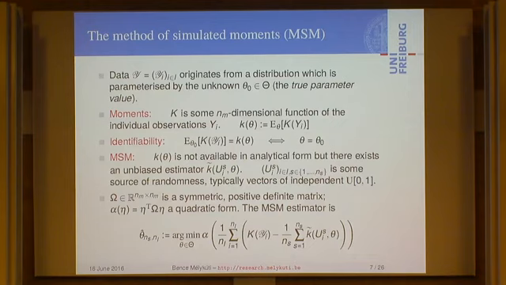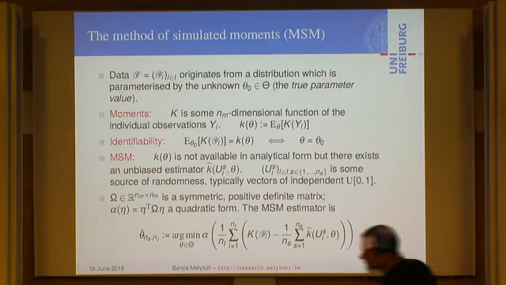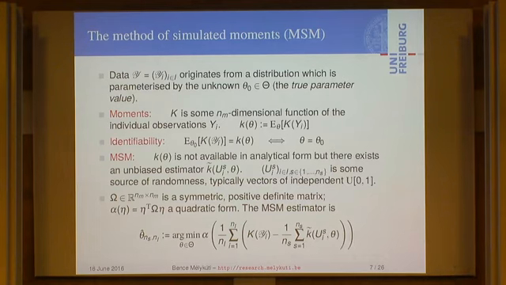I define here this quadratic form with an omega symmetric positive definite matrix, and these differences for every moment go into this quadratic form, which is my objective function. It is applied to the difference between the moments of the data and the moments of the simulation, where I run NS simulations, and my estimator is the argument in theta which minimizes this distance function.